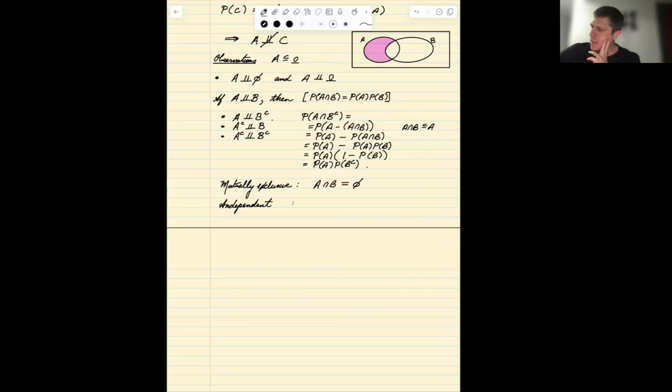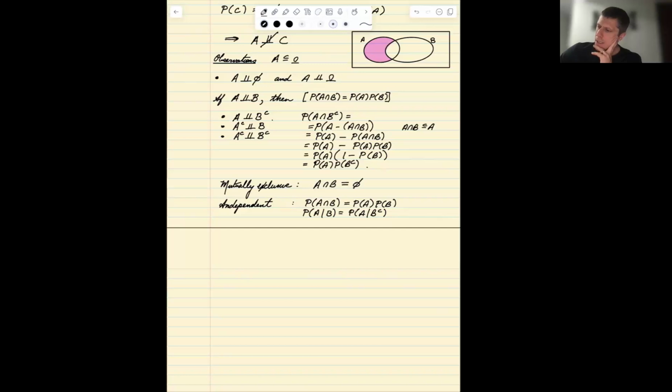A and B are independent if there are a few equivalent possibilities. We'll write them here. Either of these holds, and they're both equivalent, essentially. These are not the same. They do not imply each other, and they're not even really in the same universe in some sense.